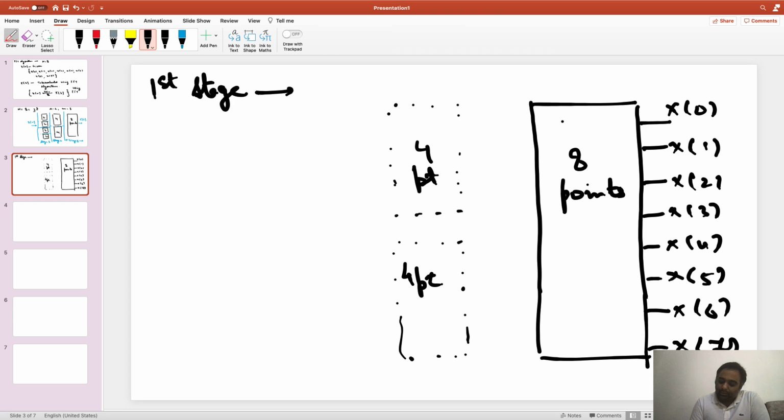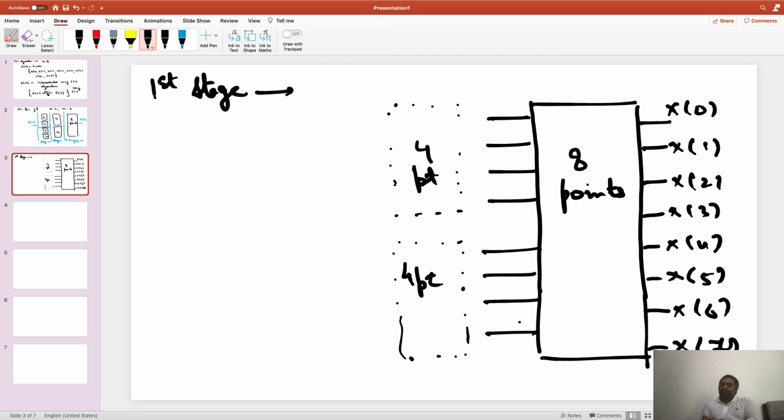The input going to this 8-point block is 4 outputs of this 4-point block and 4 outputs of that 4-point block. We are going to look into what is happening here in stage 1. Stage 2 will come later. I have divided these points into 2 halves of 4 points each, and let's see how we can work with that.